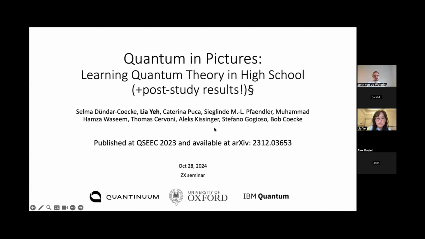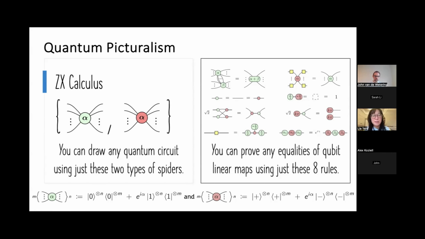In the high school textbook, other than this scalar rule, this scalar being equal to 1, we don't teach them the scalars, because they're not necessary for most people using ZX calculus in practice. Other than that scalar rule, which is just necessary for completeness, all of the other 7 rules on this slide, which are enough for completeness for any qubit linear maps, were in the textbook of the high school students in the course.